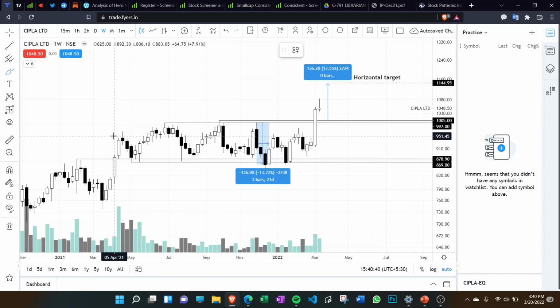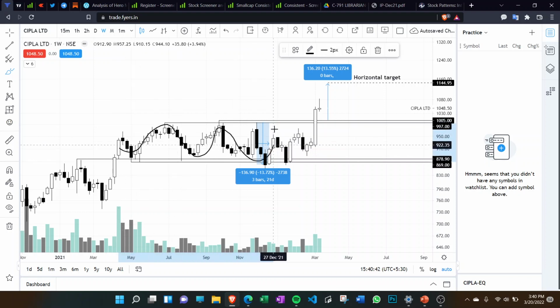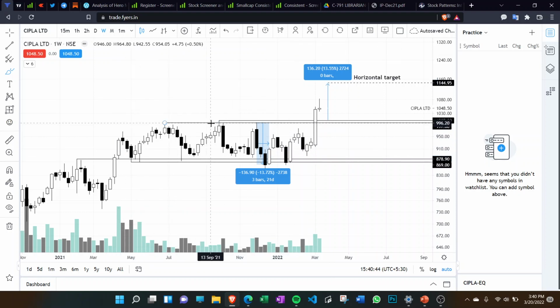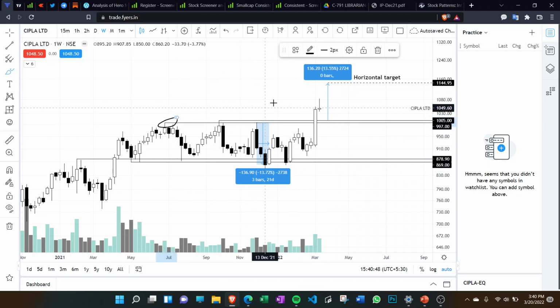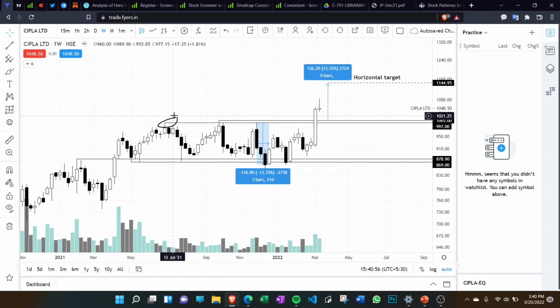In this case, the price moves in a range, between two horizontal lines. As you can see here, the price again and again faced resistance at the same level of 1000 to 1005. Support and resistance is never a straight line. It's always a range, about 10 to 15 points.